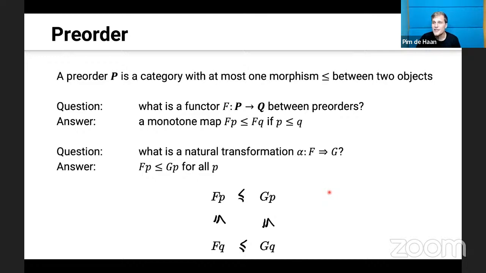And in this particular case, you would also have the commuting diagram, but this commuting diagram is trivial because there is at most one morphism between any two objects. So all diagrams always commute.